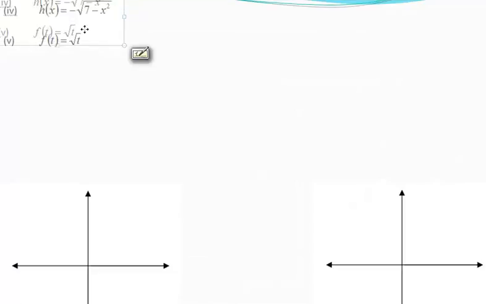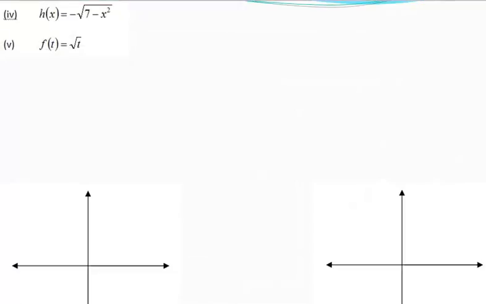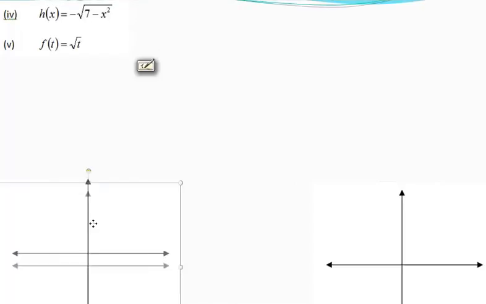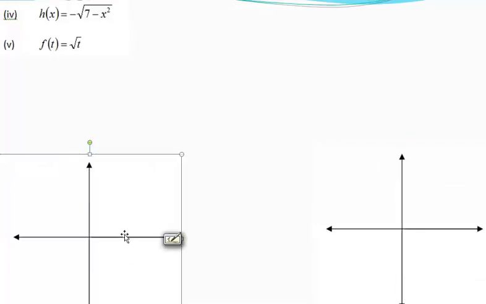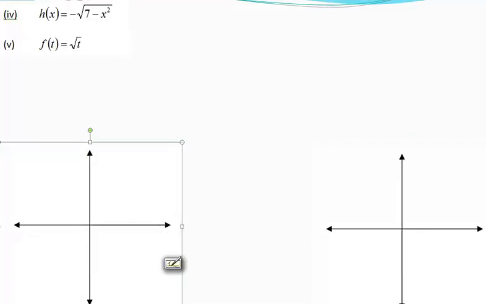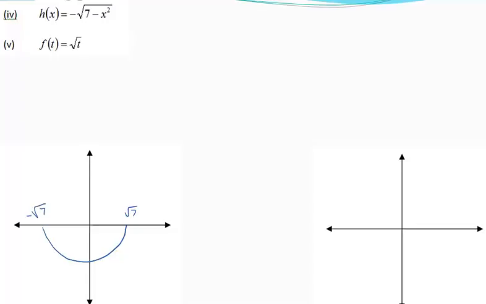So this next one here is the other side of that same semicircle, but here on our negative side. So we'll just move our graphs up a little. Okay, so here, our other side of our semicircle, we have root 7, negative root 7 here. So here our domain will be, again, negative root 7 less than or equal to x less than or equal to root 7.